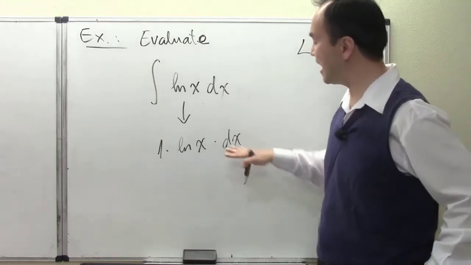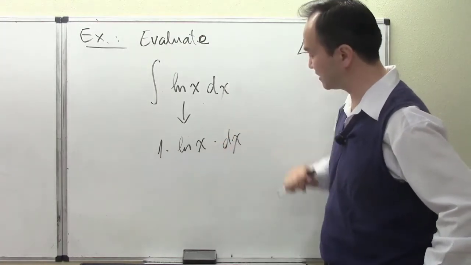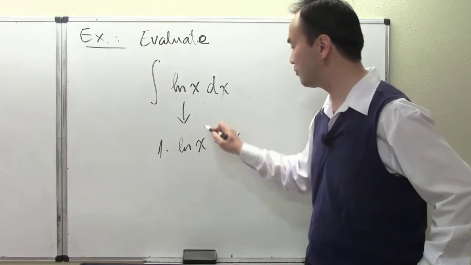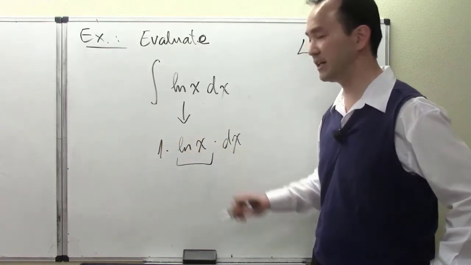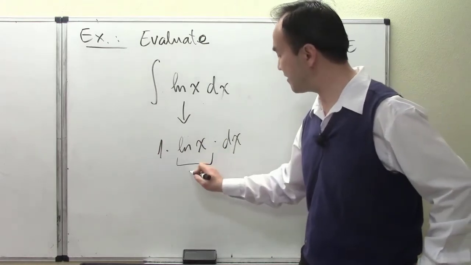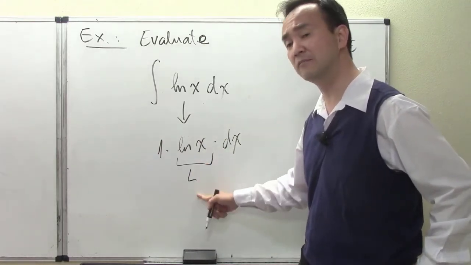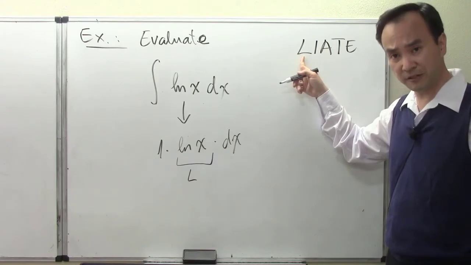Now, aside from the dx differential, all of a sudden we realize we still have two functions. Natural log of x is a function that came from the logarithm family.